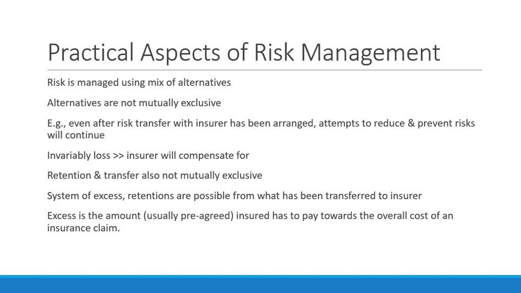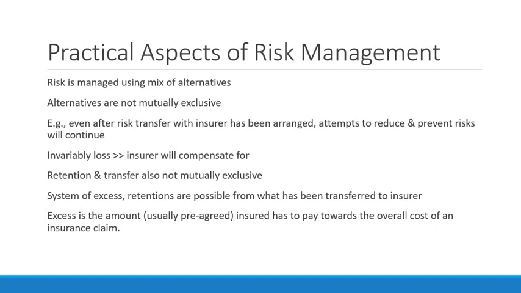This is because invariably the loss will be more than the insurance will compensate for. Retention and transfer may appear mutually exclusive, but they are not. Through the systems of excess, retentions are possible from what has been transferred to the insurers.